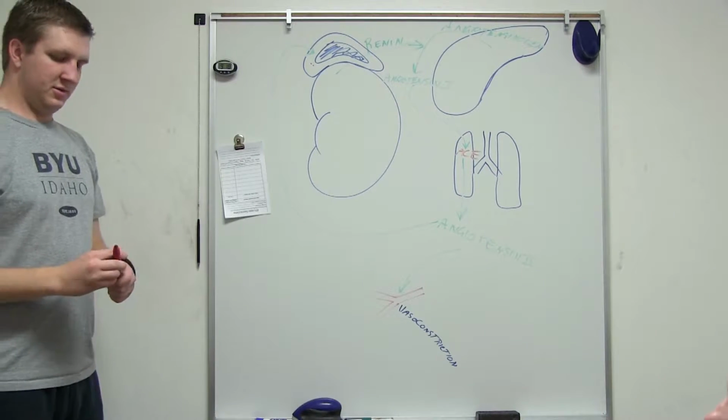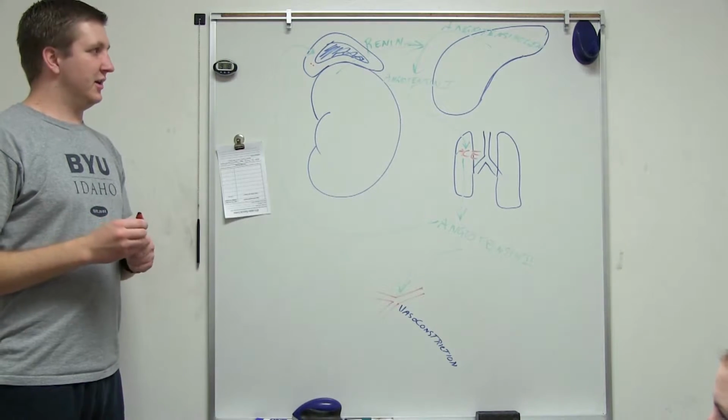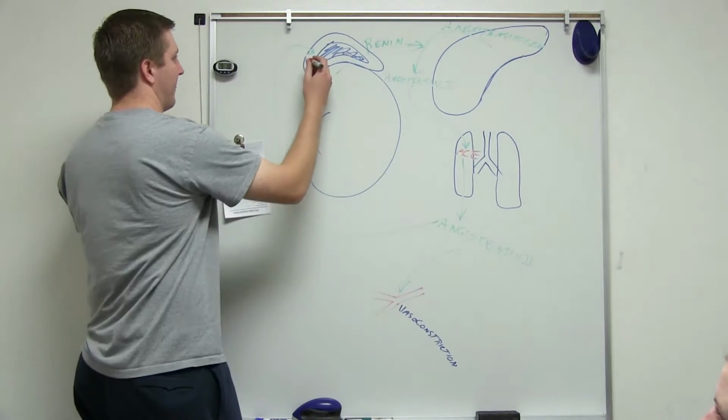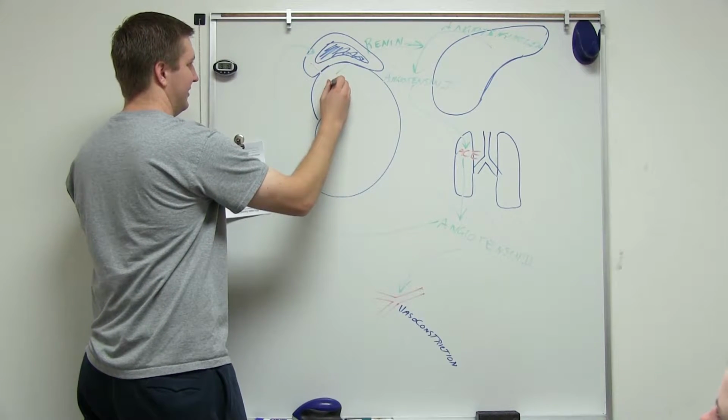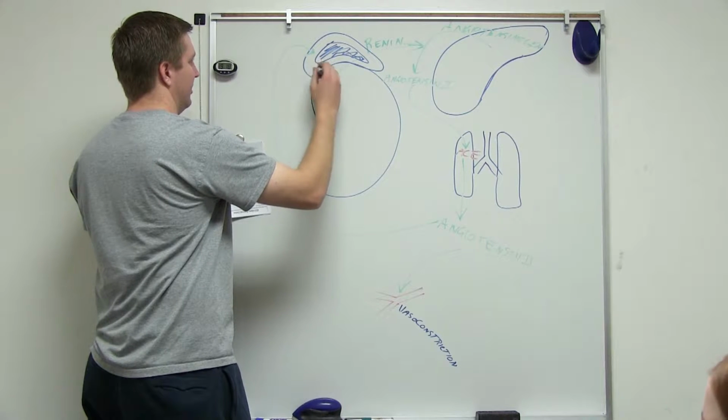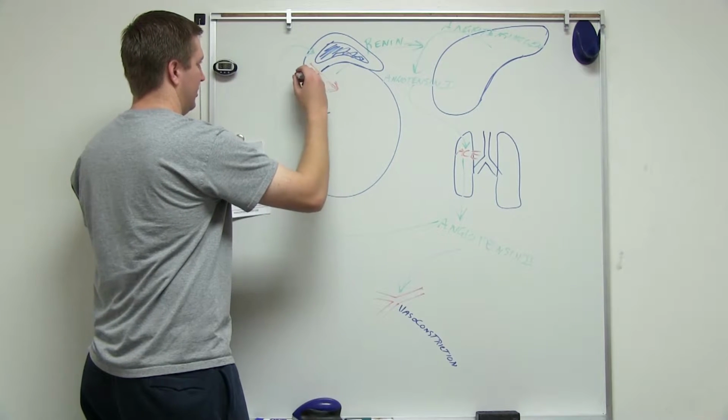It tells the liver to take up more sodium, doesn't it? Tells the kidneys. I can't get the organs right. Okay, so this is our aldosterone.